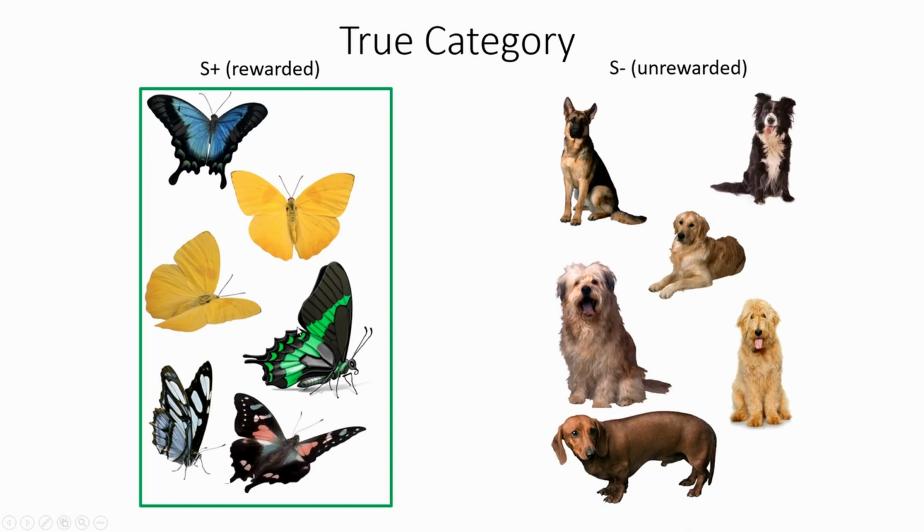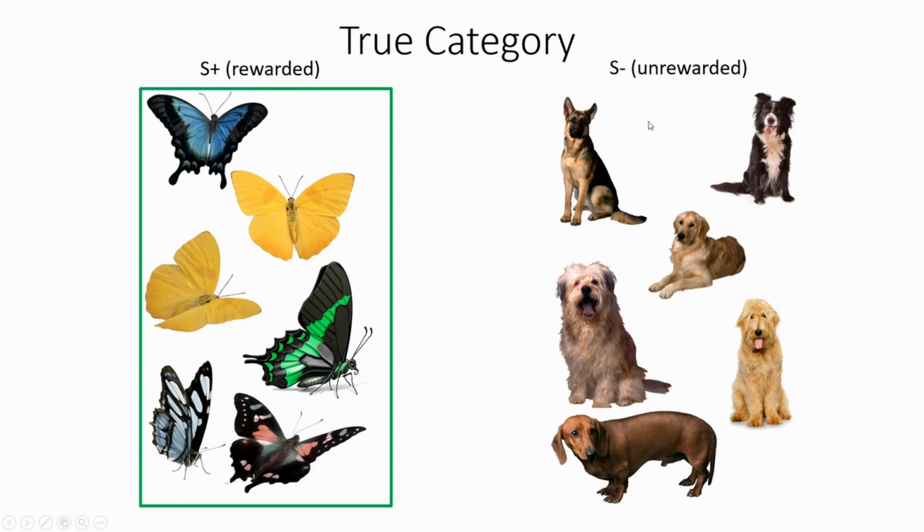And anytime you see a butterfly, if you make a response, if you're a chickadee and you fly to the feeder, you get food. If you're a pigeon in a box and you peck the key under the butterfly picture, you get food. If you're a rat in a box and press the lever next to the butterfly, you get food. So we would call the butterfly category our S+ or rewarded category.